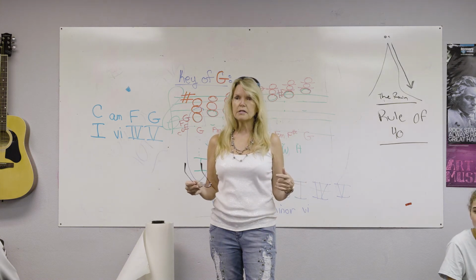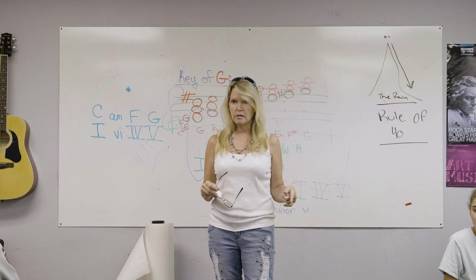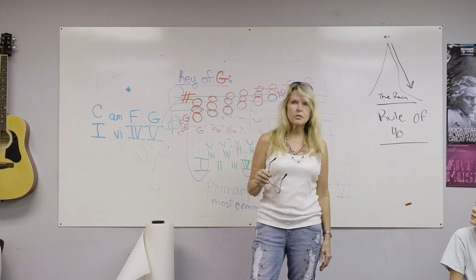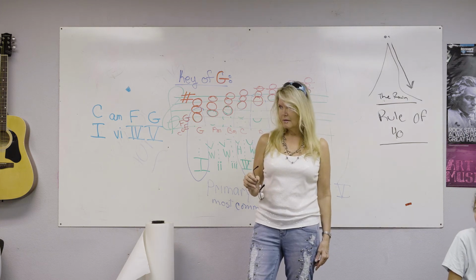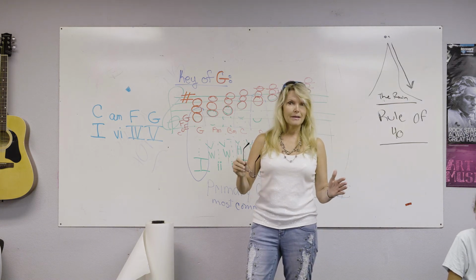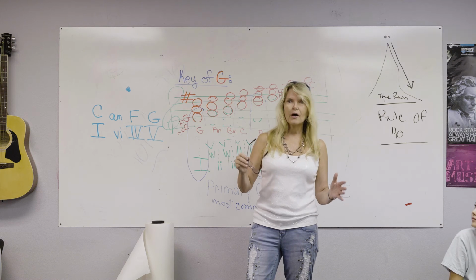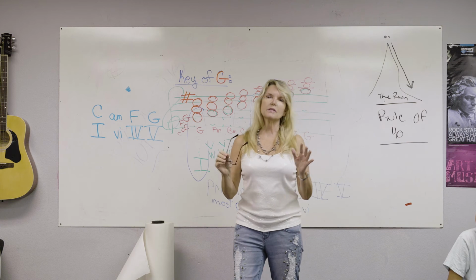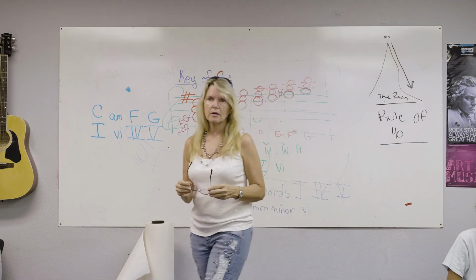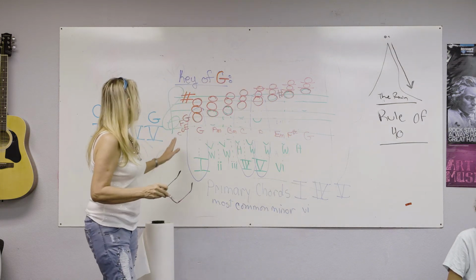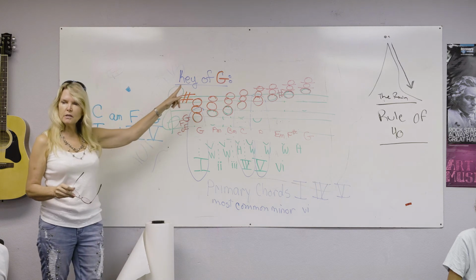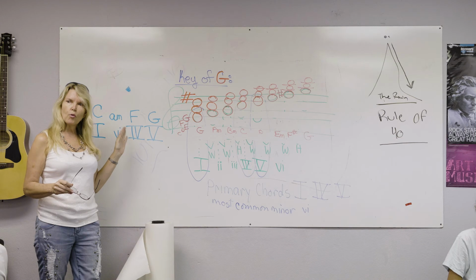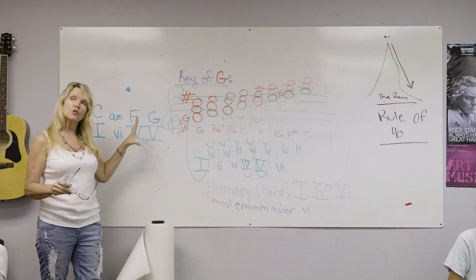So if a girl is singing Ed Sheeran in his voice 10 times a week, what happens to that voice? It goes bad. It gets out of balance. And now all of a sudden I've got to do something else to get it back in balance. So you can see how important these keys are. In general, going between the key of G and the key of C is the most important two keys to know.